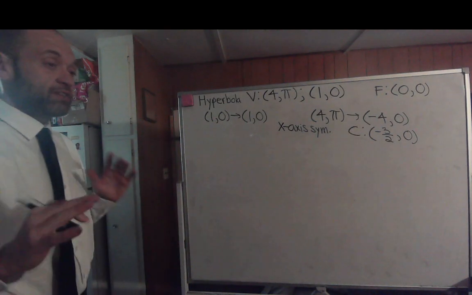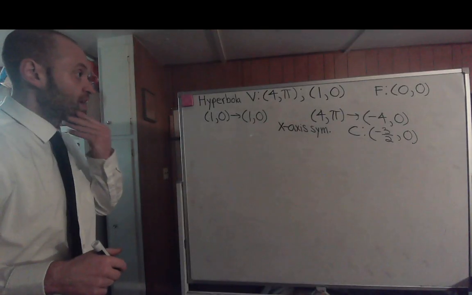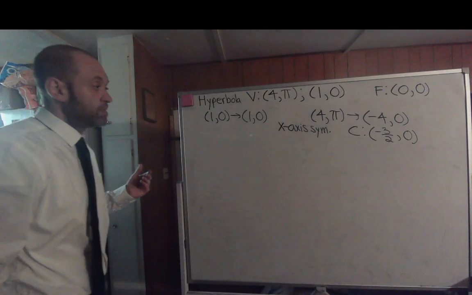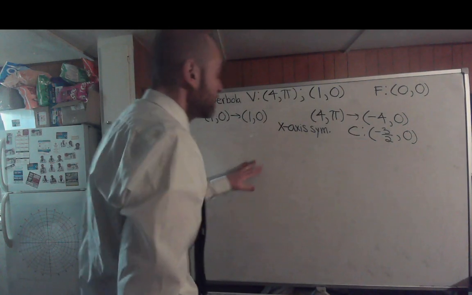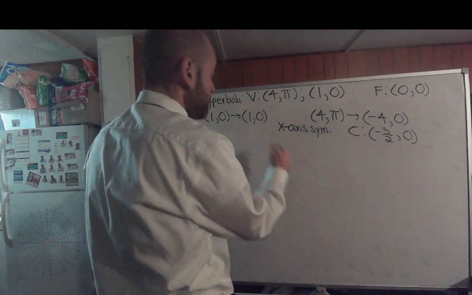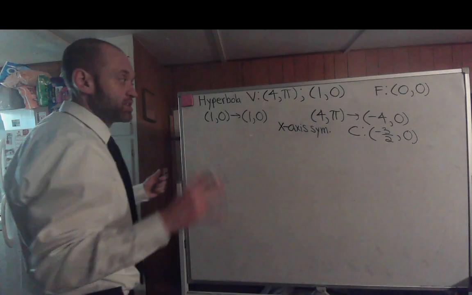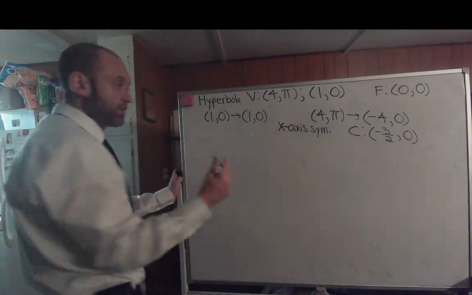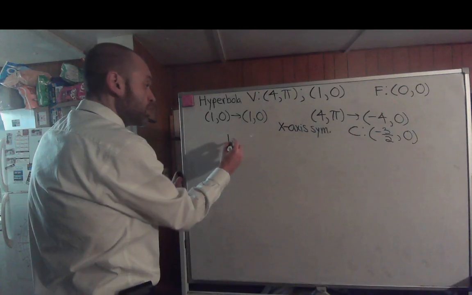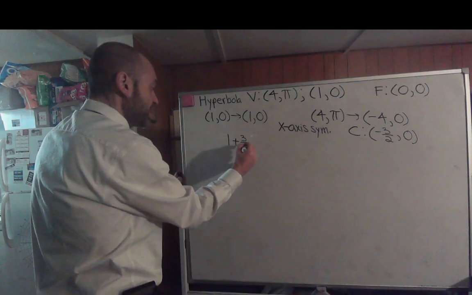Now that we've been given the center, we can find c and a. Let's say we want to find the distance between 1 and negative 3/2 for our x coordinates. That's going to be our a, from the center to a vertex. So 1 minus negative 3/2, well, that'd be 1 plus 3/2.